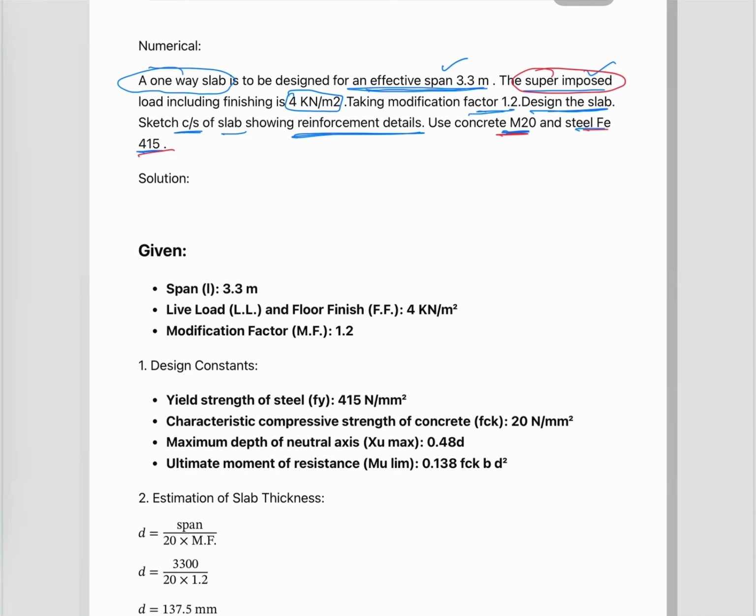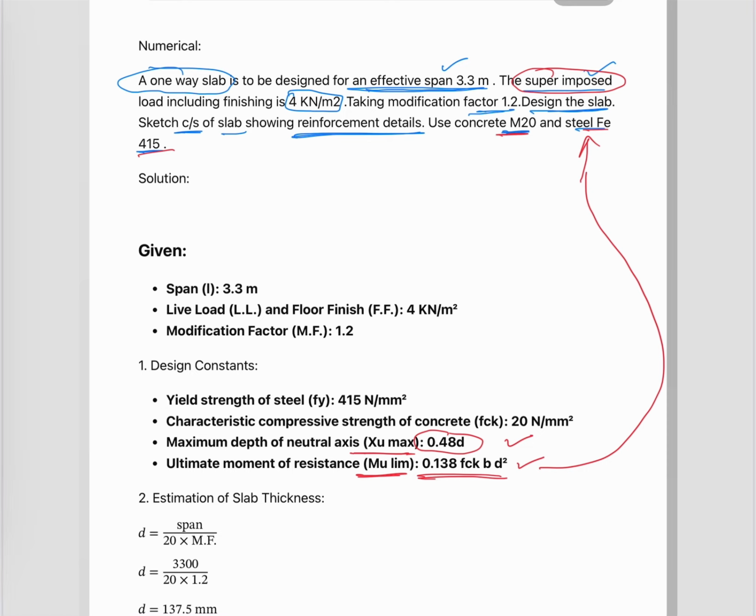Now let's understand the maximum depth of neutral axis, which is xu max. This is not given in the numerical, but this is a standard. The maximum depth of neutral axis is calculated by 0.48 d, where d is the effective depth, and the ultimate moment of resistance, which is Mu limiting, is calculated by 0.138 fck b d square for M20 and Fe 415 steel. These two are relevant for Fe 415.